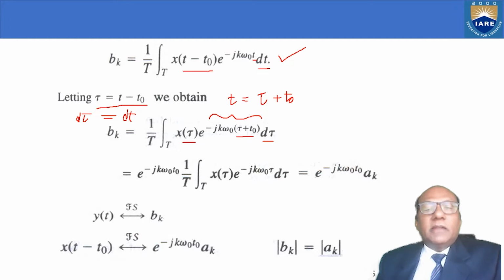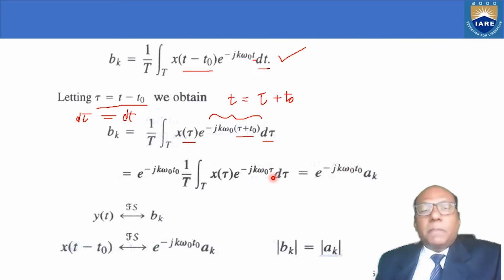I can write it like this: e to the power of minus j k omega naught t naught is constant with respect to tau, so this term has come out of the integration. The remaining part is x of tau e to the power of minus j k omega naught tau d tau, where tau is the variable of integration.